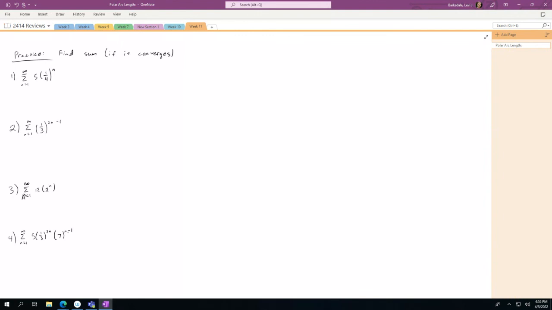So our first term is 1/3, and our second term is 1/3 cubed. Is there a way we can use two consecutive terms to find the ratio? Remember, we can take a sub n plus 1 and divide it by a sub n. So we take our second term and divide it by our first term.